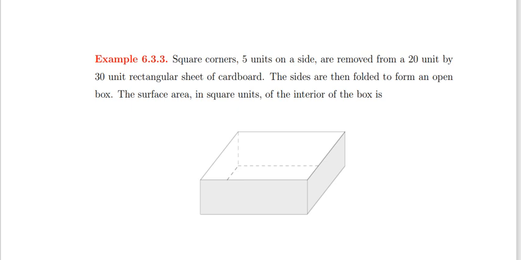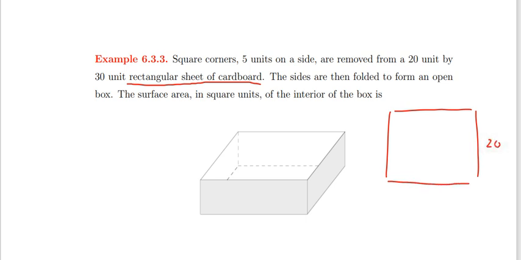Okay, so in this problem, we make a box from a rectangular sheet of cardboard. It is 20 by 30, and we cut these corners out, and then we can make such a box, right?